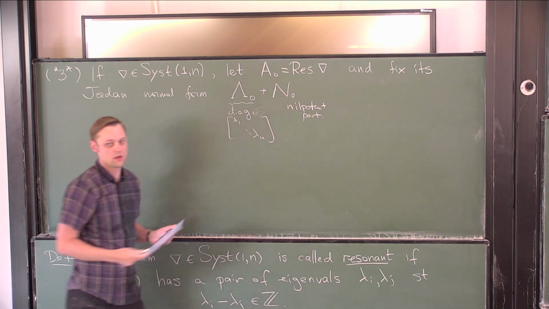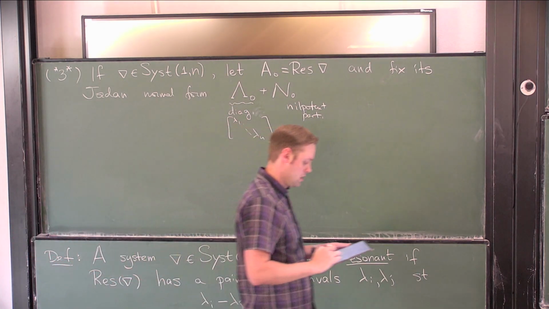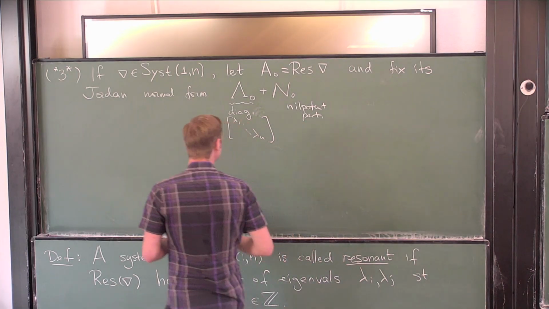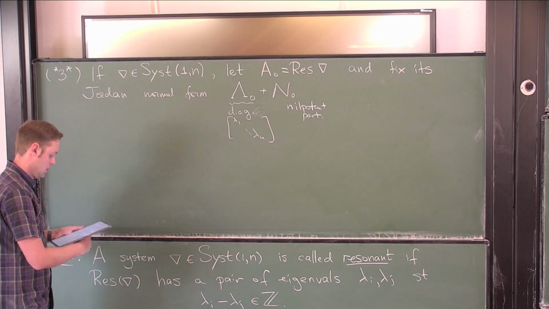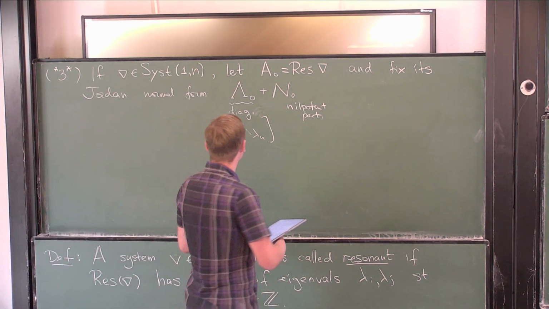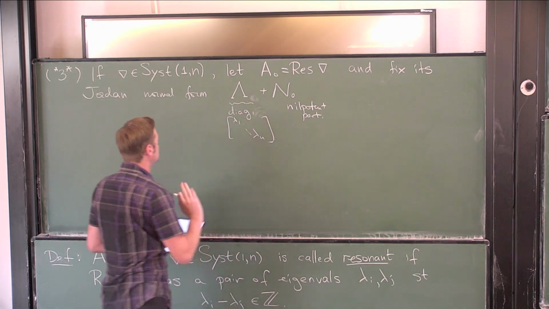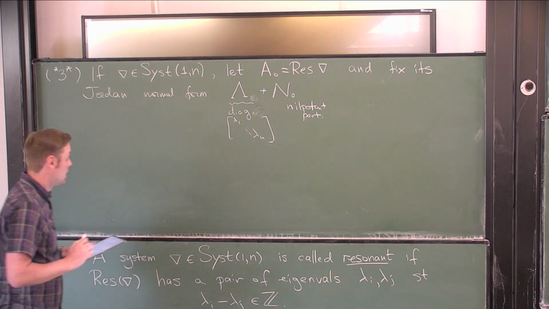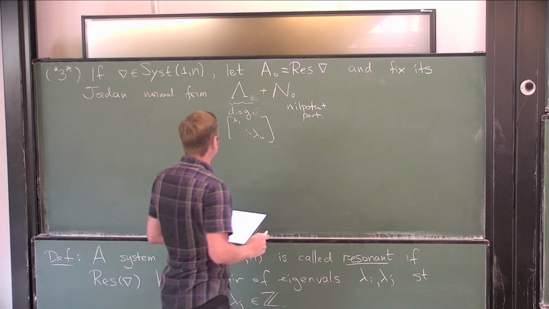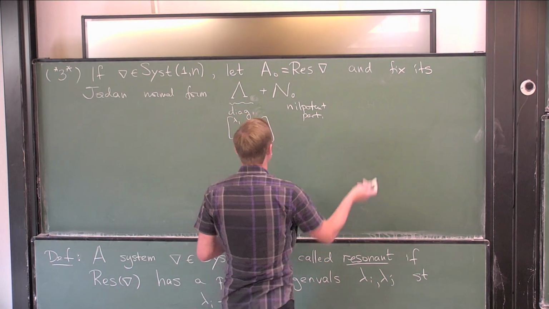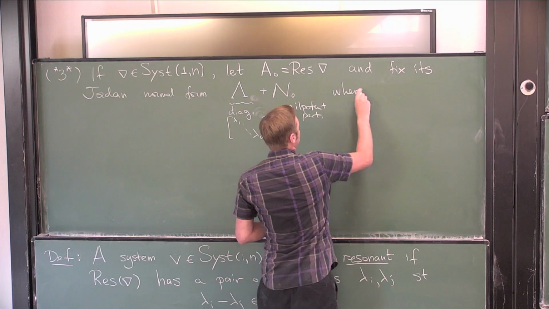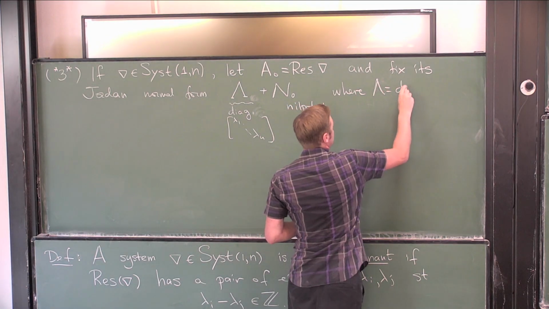This is what gives you the Jordan blocks. Actually, let me just call it lambda. Okay, I didn't plan this very well. Let me just write it like this, where lambda is the diagonal.